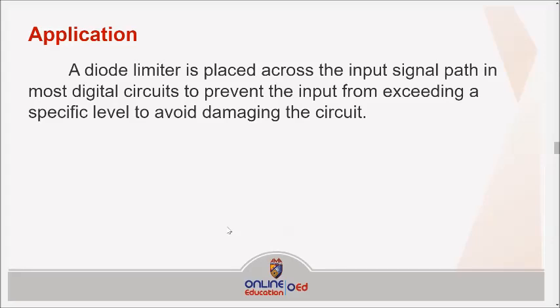That's why this diode limiter is placed across the input signal path. Mga digital circuit kasi natin kailangan safe. Usually yung mga computer natin may mga diode limiter yan para hindi masira kung sakaling magkameron ng short circuit yung connection o tumaas yung voltage.